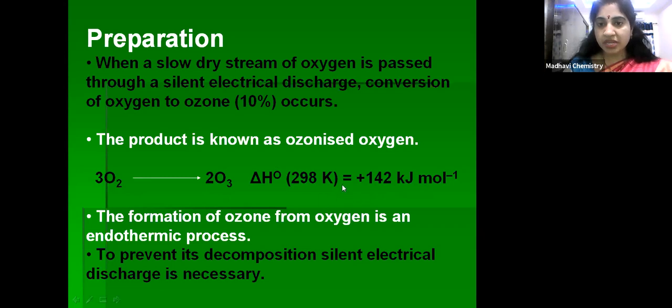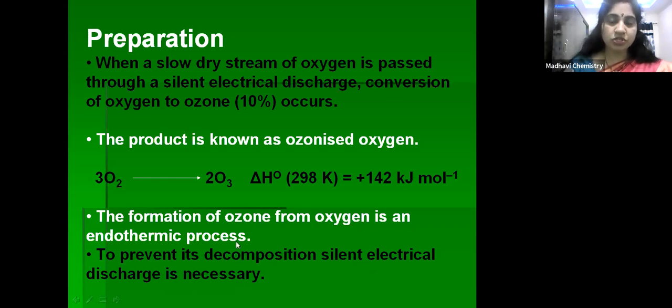The change in enthalpy is positive, which means it is an endothermic process. Energy is required. So the O3 formed can decompose easily and give oxygen. That's why we have to prepare this O3 by silent electric discharge, because O3 can convert easily into O2, right? To prevent its decomposition, silent electric discharge is necessary.